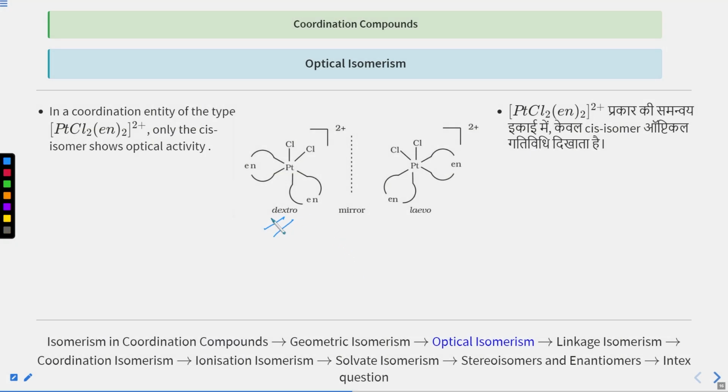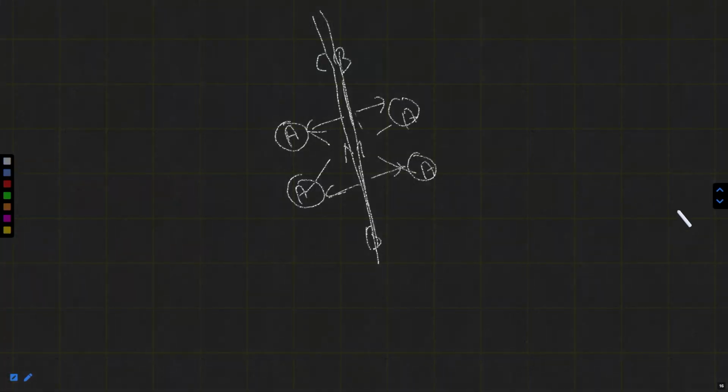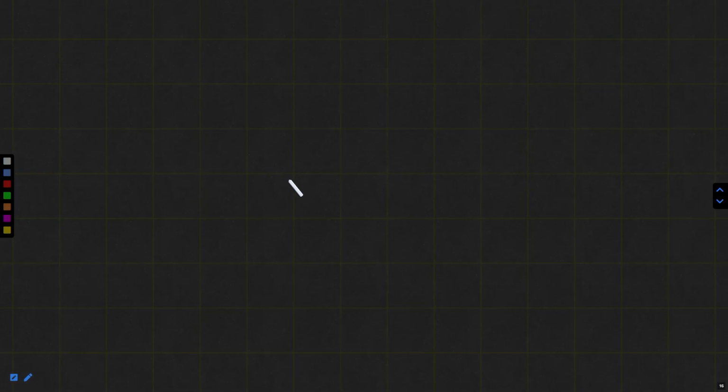Whereas if you take the case of this one, let me draw this example here. Pt, with ethylenediamine. I'm drawing it properly, expanding the structure of ethylenediamine. It looks like this.